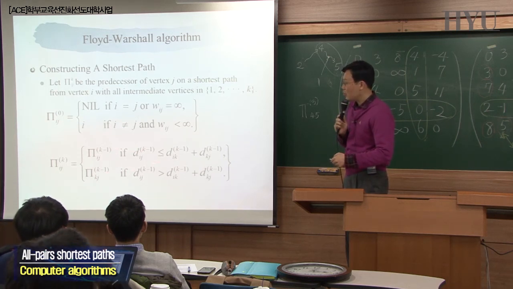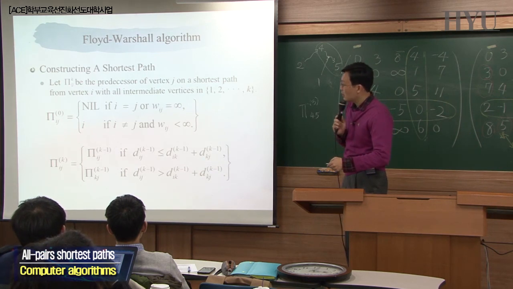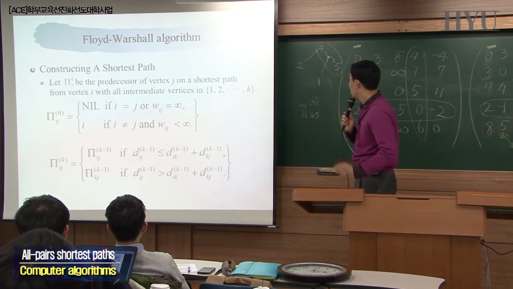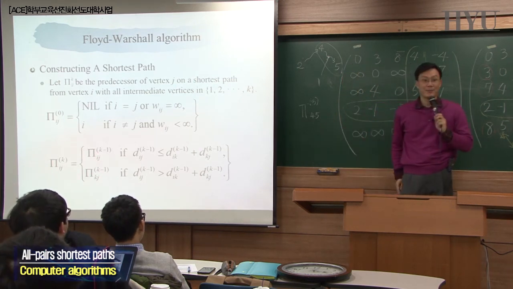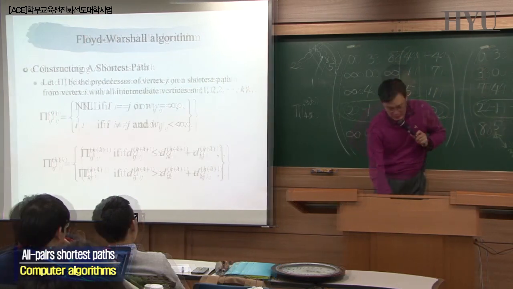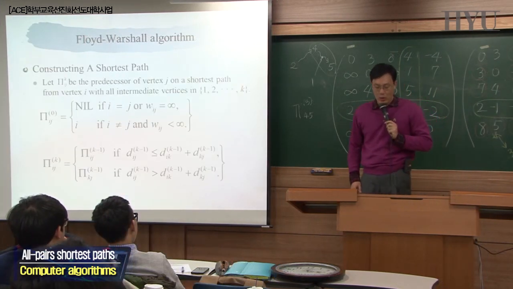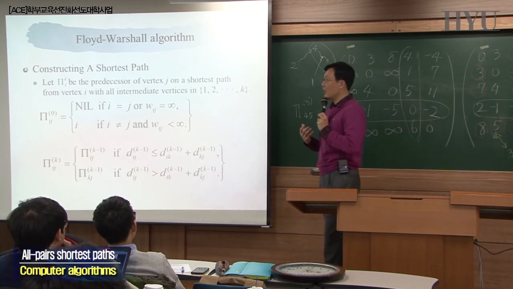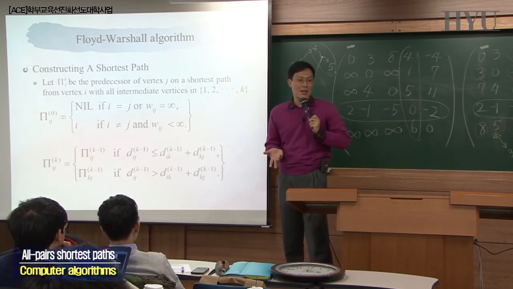But if it changes, we take pi kj instead of pi ij in the previous table. That's this. Okay, I won't teach the transitive closure. This is the end of this class.